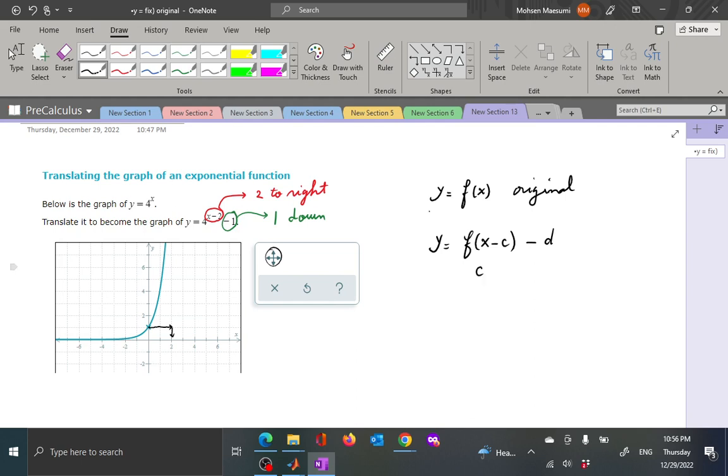It means c to the right and then d down. Let's write it in numbers so it's a little bit easier to say: f of x minus 2 and then minus 1. This means 2 to the right, or right by 2, and down by 1.